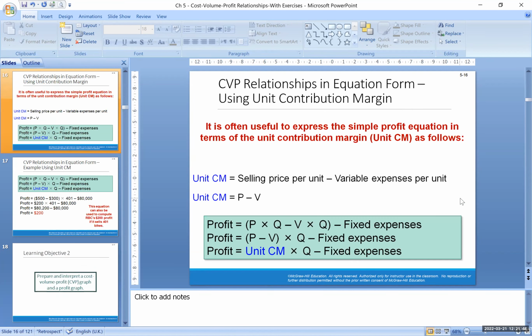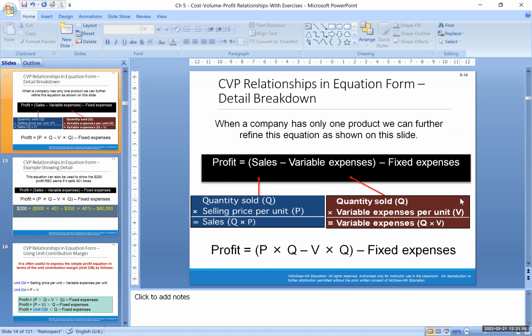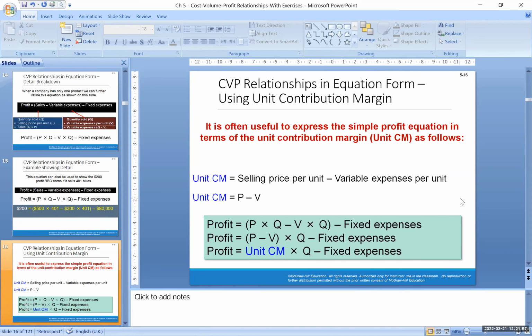This is important, using the unit contribution margin. So for all the equation here, just to emphasize, we can rewrite the equation by using the unit contribution margin. We know that the unit contribution margin is equal to what? Selling price for 1 unit minus the variable expenses for 1 unit.